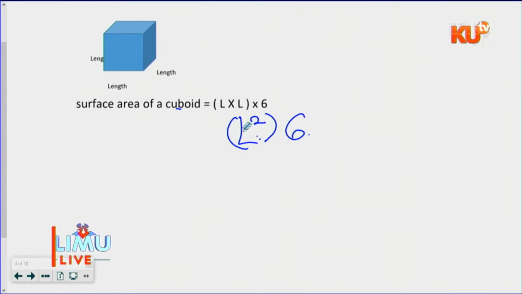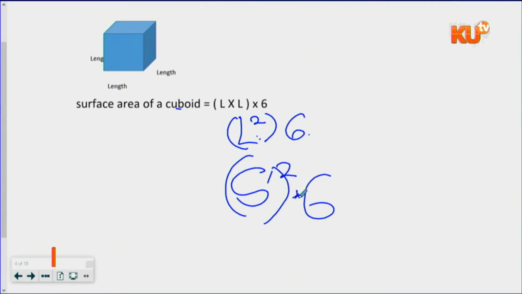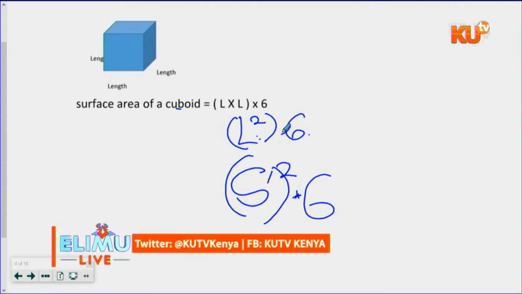L squared comes from length times length, and as I said, sometimes it can be called side. You say S squared, then multiply by 6. Between the bracket and 6 here, there is a multiplication sign that is always silent, so we normally leave it like that.